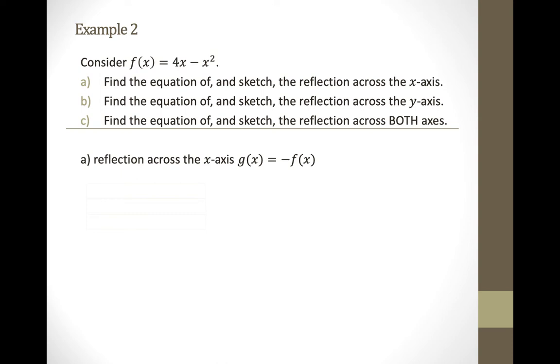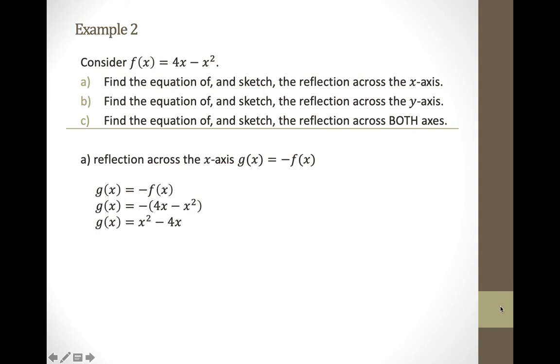So when we multiply the function through by negative, that means you'll end up with negative 4x and positive x squared, which you can see I've rearranged into something sensible. Negative times 4 is negative 4x. Negative times the negative is positive x squared.